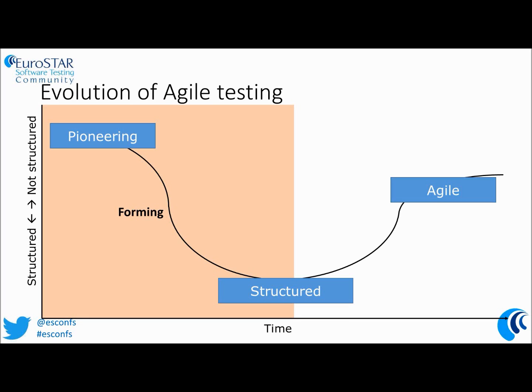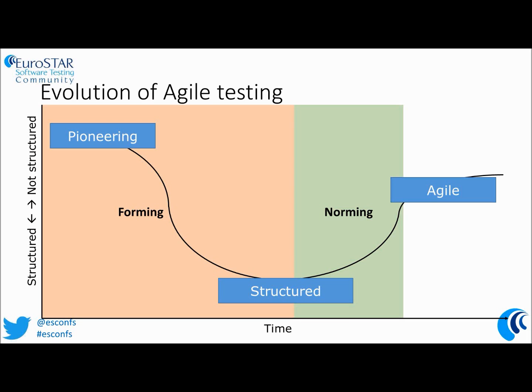So actually the first part is important for evolution of Agile testing. It's forming, it's setting the basis. It's creating common ground for testing and common knowledge and techniques. And after we've done that, then we can go to a norming phase, some more less structured, getting away with the waterfall methods and going into Scrum and Kanban-like development methods where we have more room for change and a little bit more flexibility.